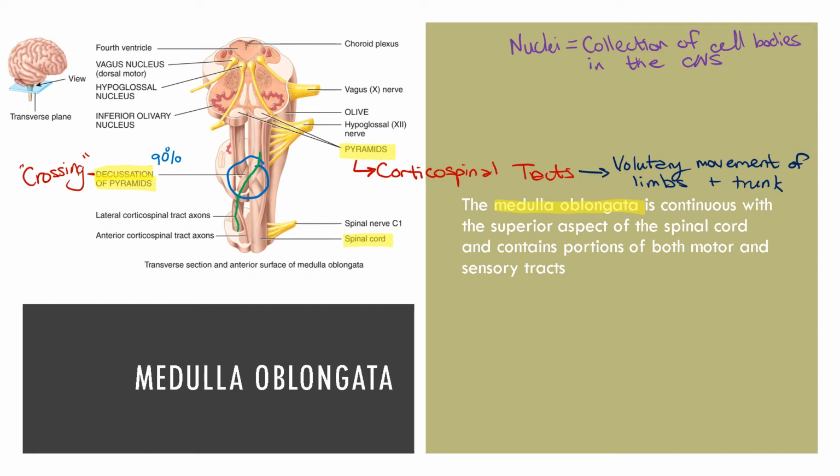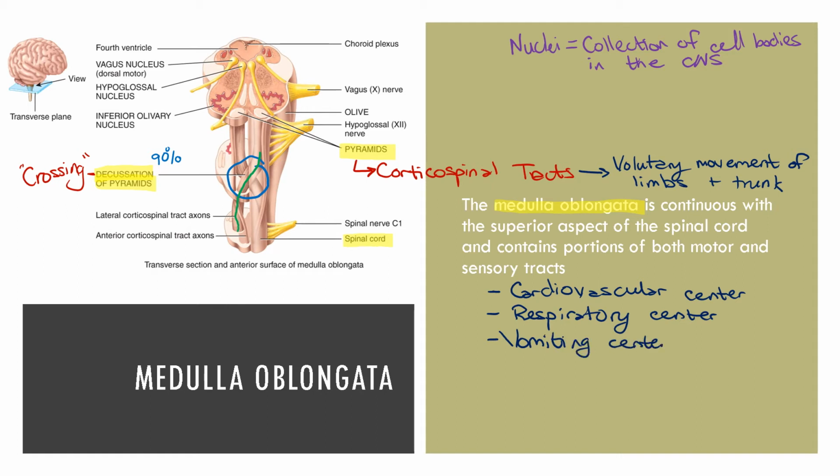Different types of nuclei within the medulla are going to be things like the cardiovascular center, the respiratory center, the vomiting center, and also the deglutition center. Deglutition is swallowing. So all these nuclei are found within the medulla oblongata.